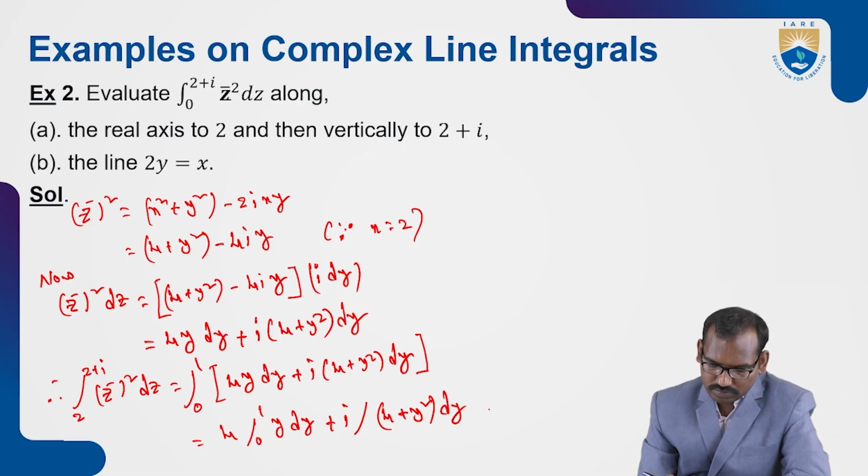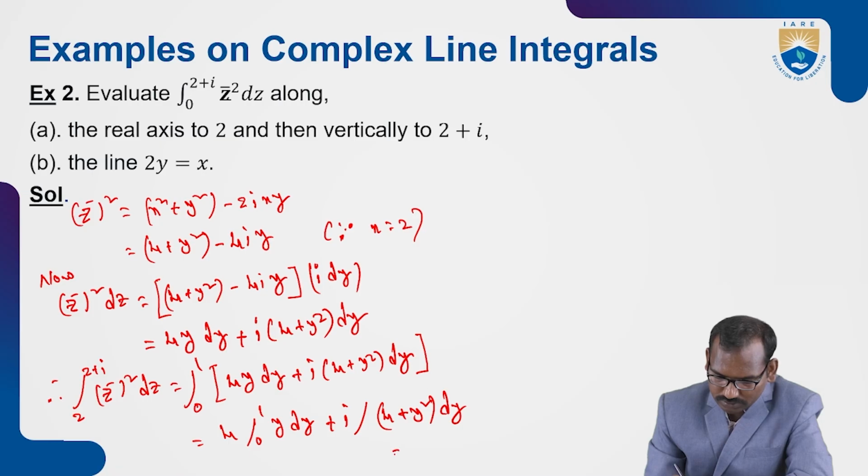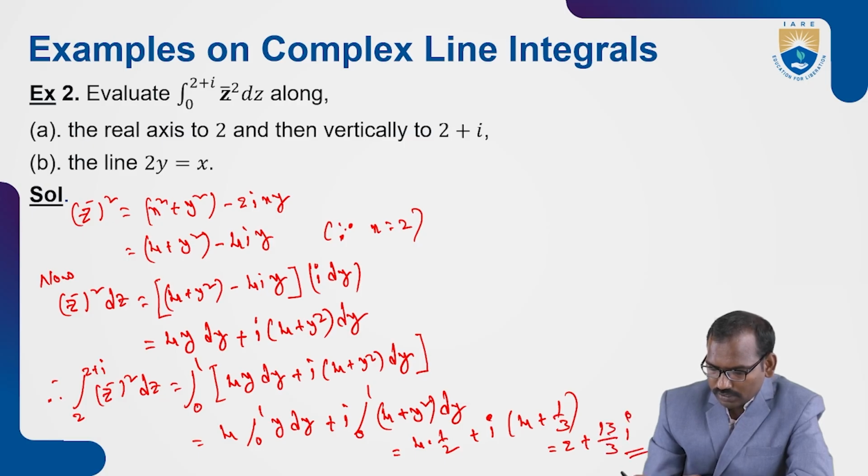So the first term is 4 into 1 by 2, plus I into, from 0 to 1, 4 plus 1 by 3. So simply we got 2 plus 13 by 3 I.